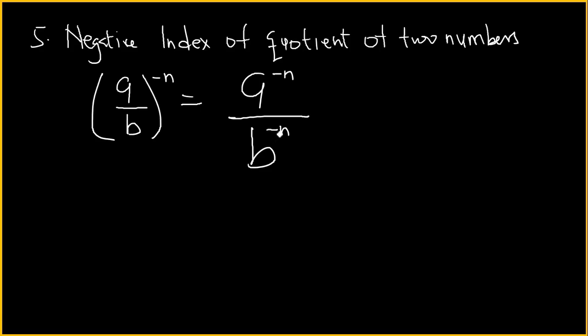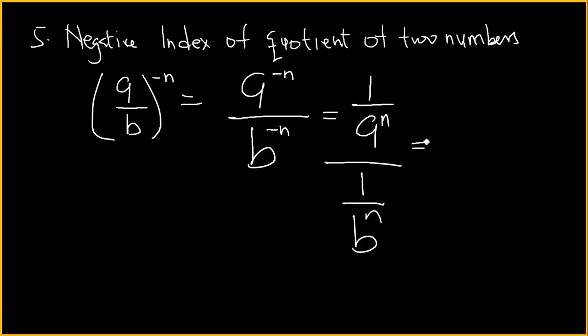So from the negative index, we know a to the power negative n is also written as 1 on a to the power n. Similar to b to the power negative n, we have 1 on b to the power n. And we can express this as 1 on a^n, divided by 1 on b^n.